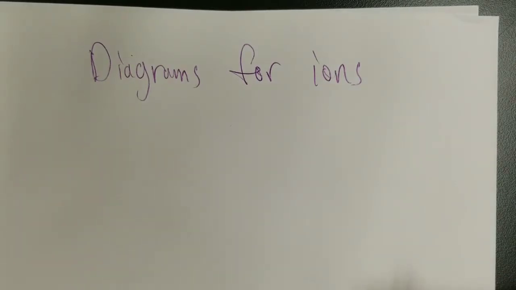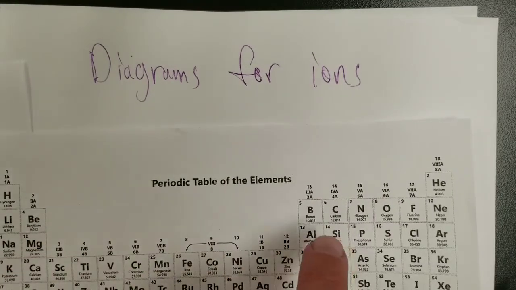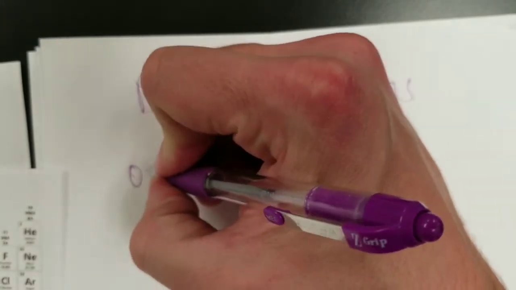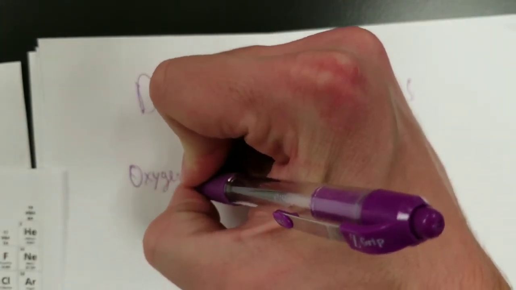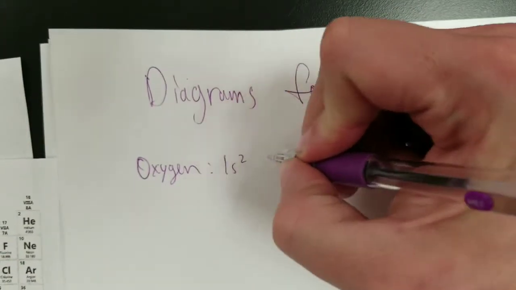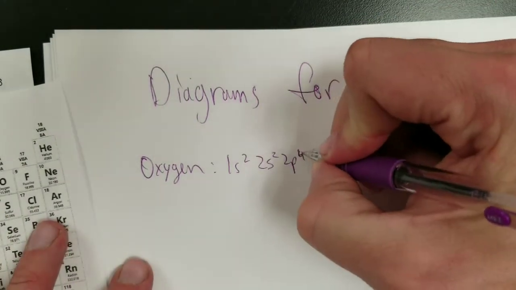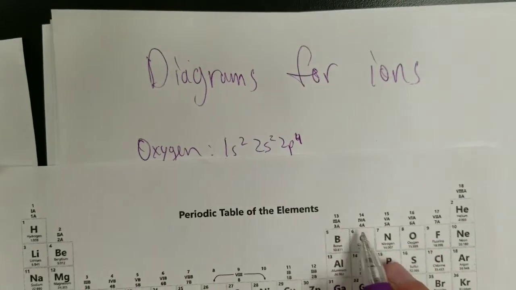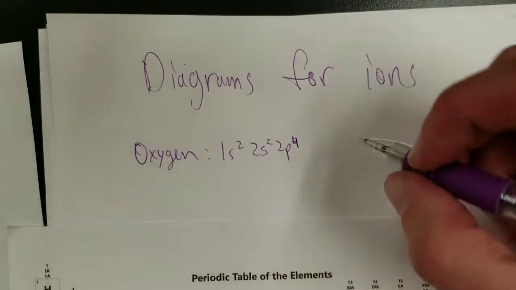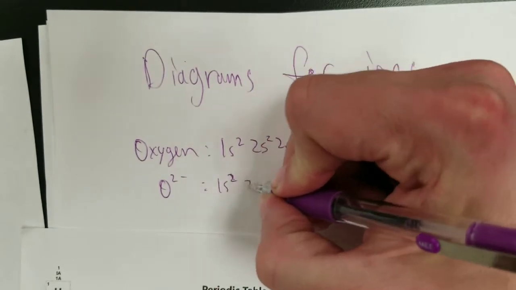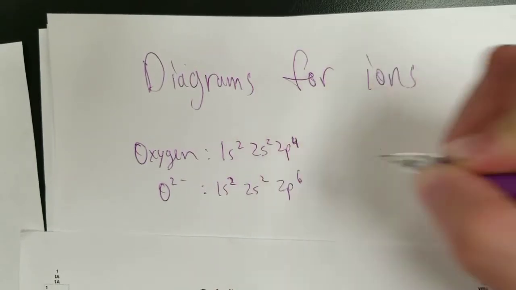Suppose you have, let's say, the oxide ion. Oxygen would normally be 1s2, 2s2, 2p4. Remember, the oxide ion is a 2 minus, so you add 2 electrons to this. So oxygen 2 minus is 1s2, 2s2, 2p6.